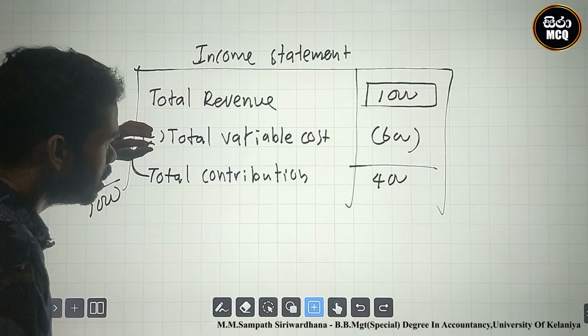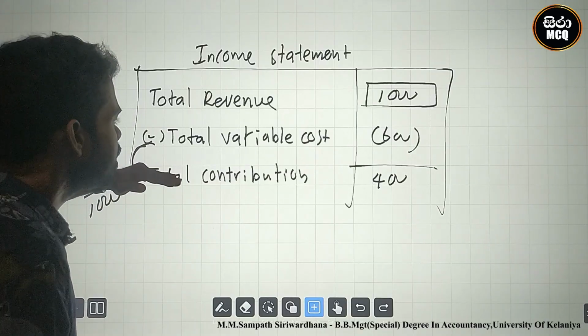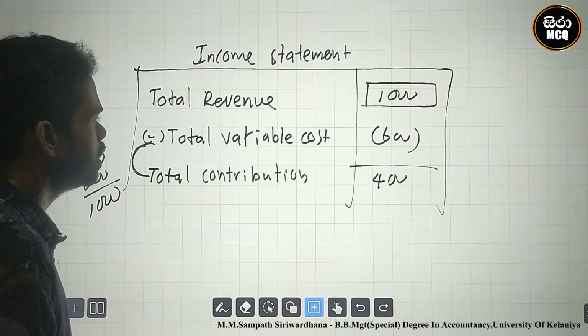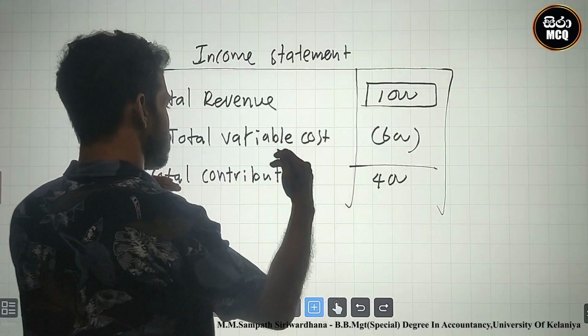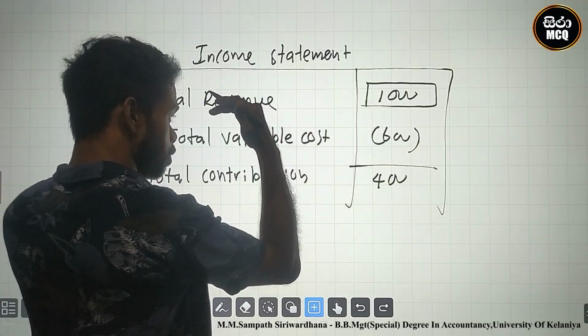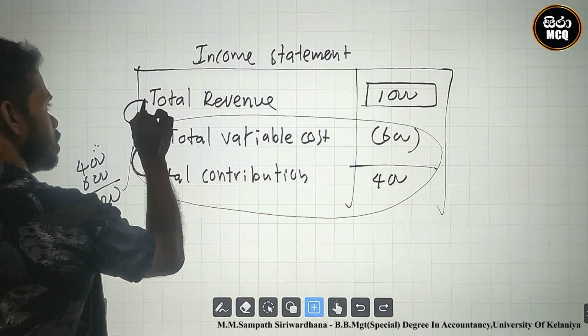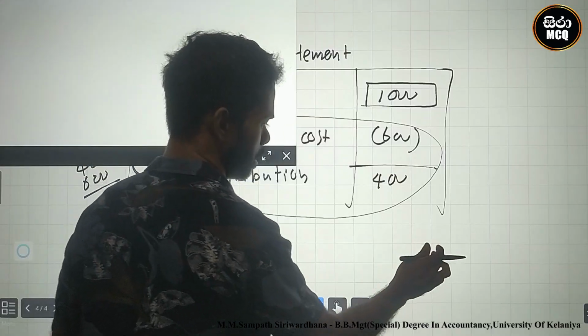After deducting variable cost, we can find the total contribution. We add the total variable cost in reverse, and we can find the total revenue. Their statement is correct. Okay, this is the correct statement.